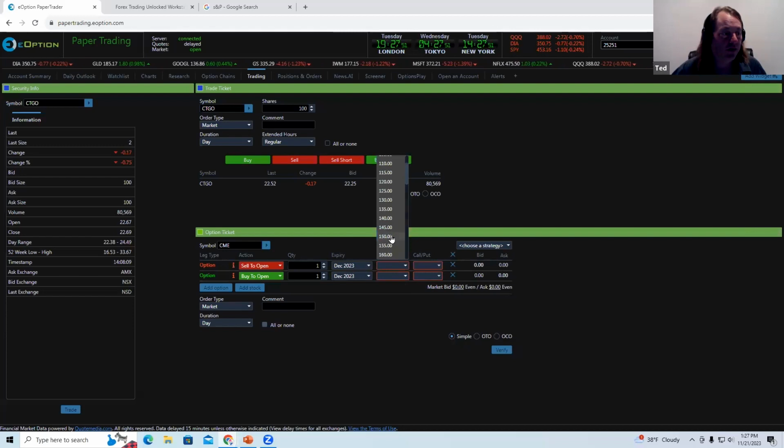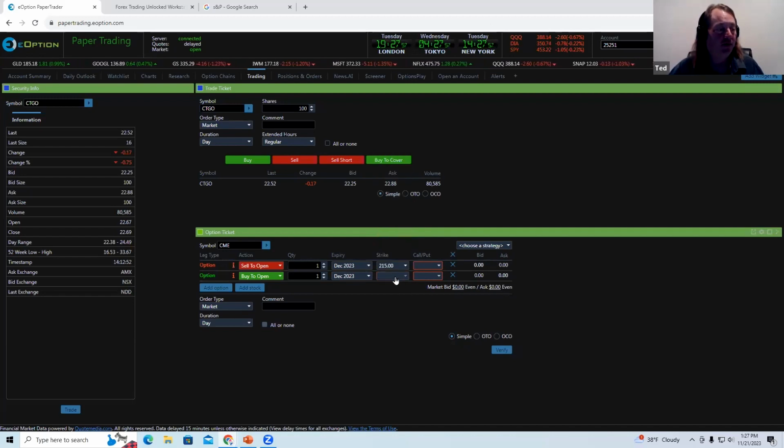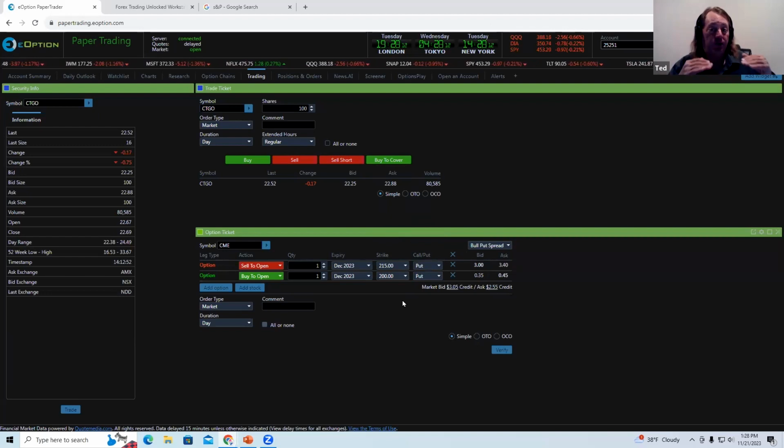Okay, so we're going to go with 215 again and 210. So we have the 215 that we're selling to open and the 210. Remember, this is a vertical credit spread. So now why are we using puts? Because we're expecting the market to go up. So since we're expecting the market to go up, we're selling the closest put to where the market's at and buying one below it.